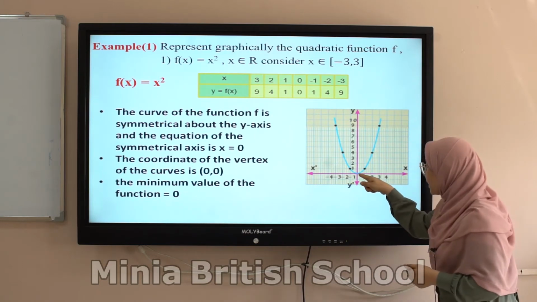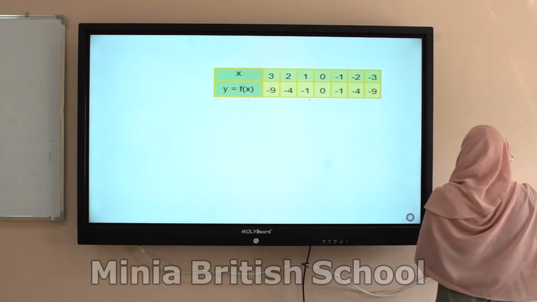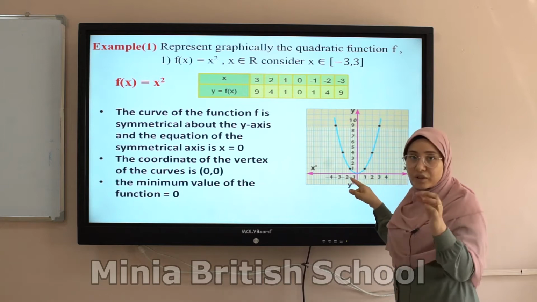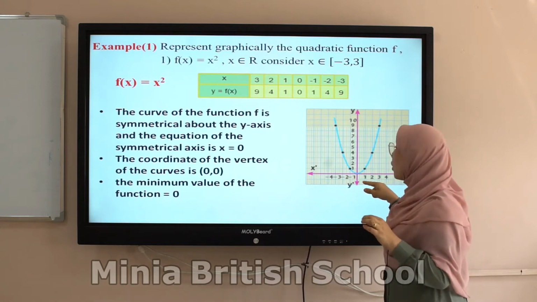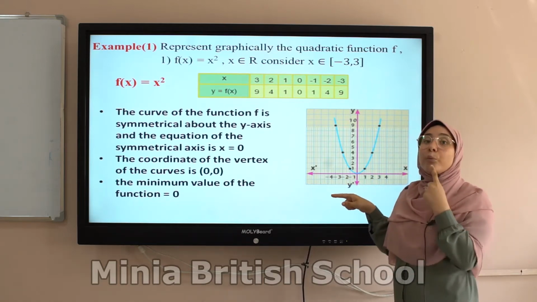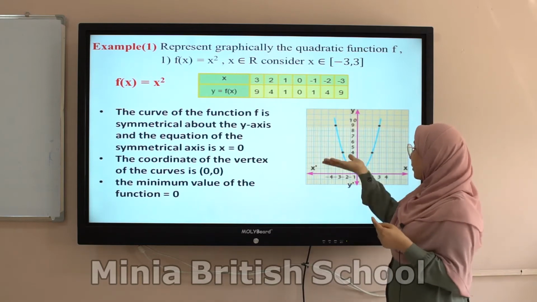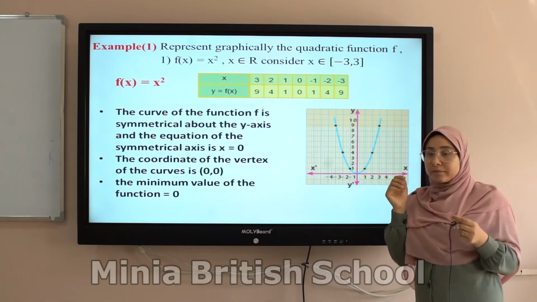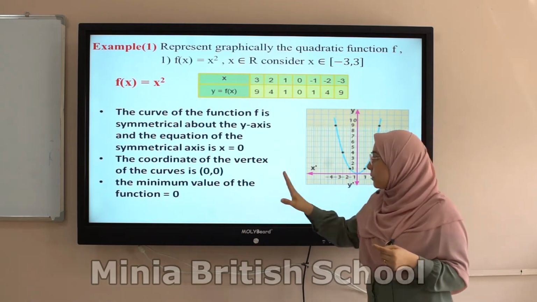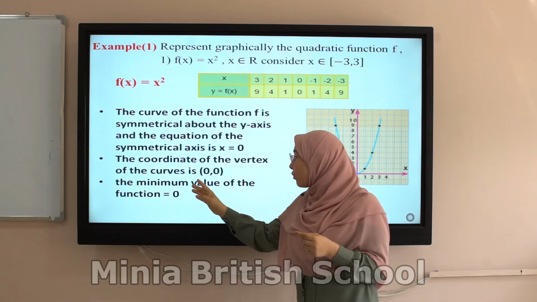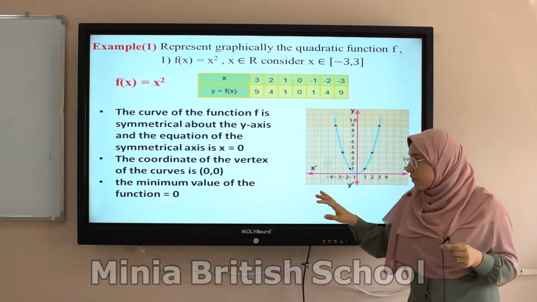And this point (0, 0) is the vertex of the curve, or the minimum value point. We know the curve lies above it.